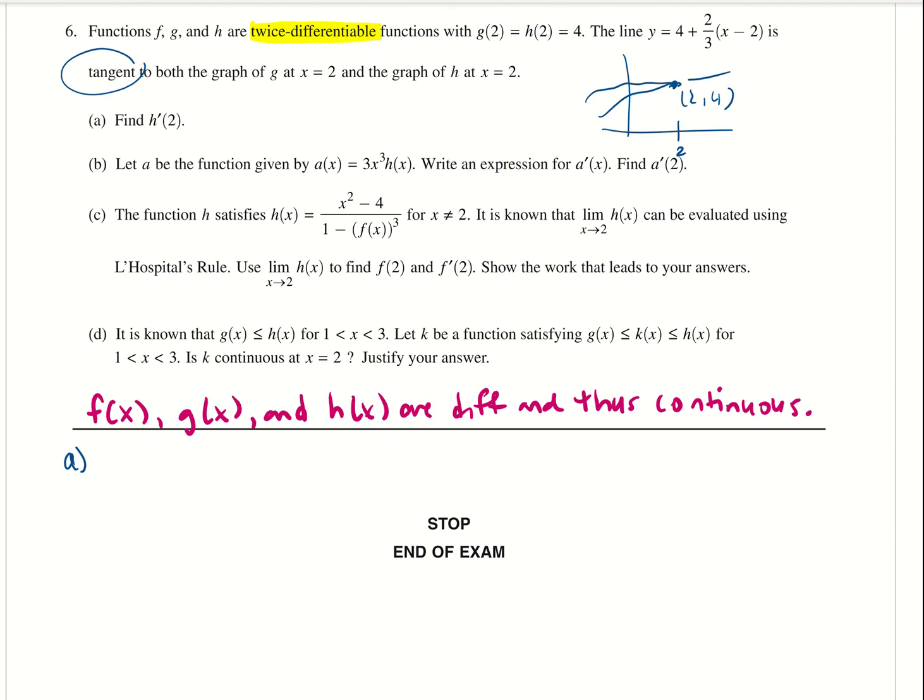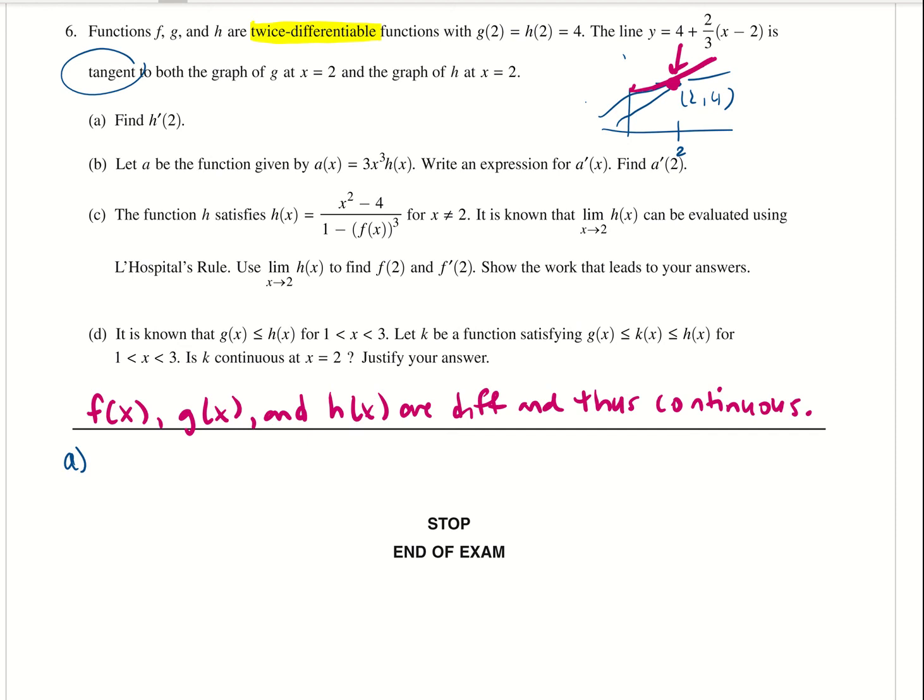And then we have this tangent line, which the way the tangent line is probably tells me it looks something like that. But then we have this tangent line here that's the same tangent line for both of them. That right there, that's the tangent line. Okay, and that's for both g and h, and we want to find h prime of 2.